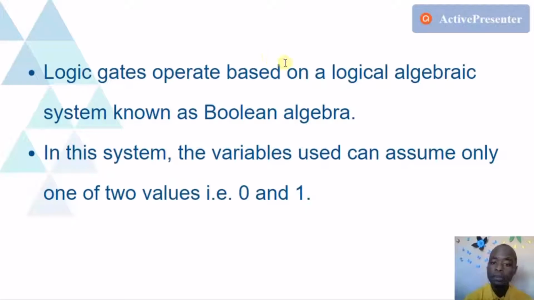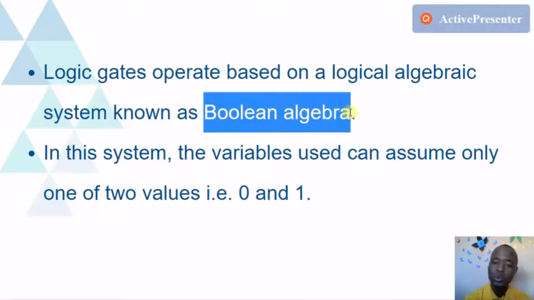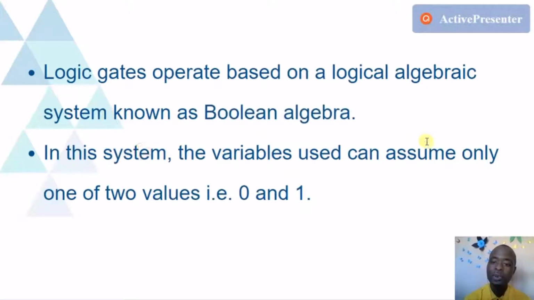Logic gates operate based on a logical algebraic system known as Boolean algebra, which has two answers, 1 or 0. In this system, the variable used can assume only one of the two values, that is 0 and 1.